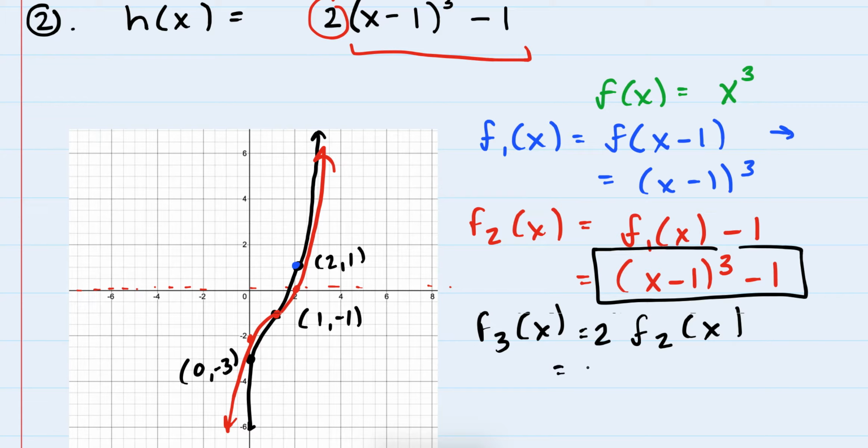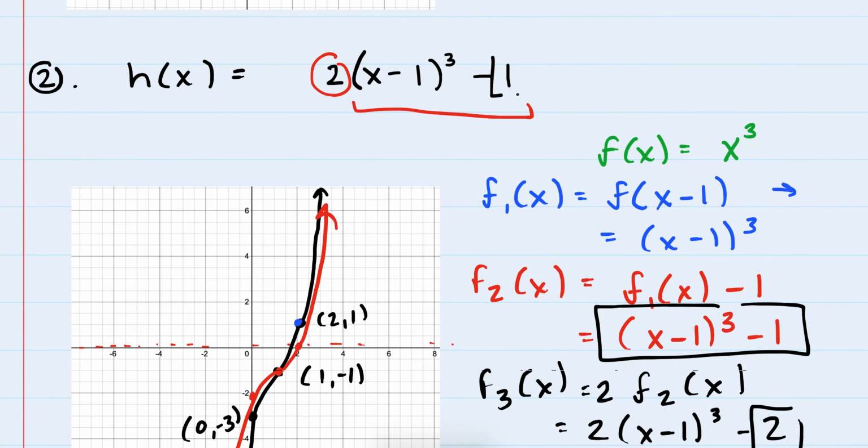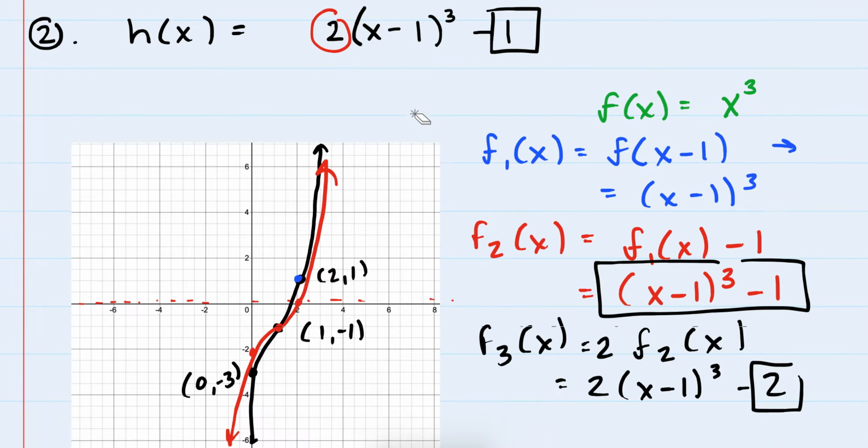So you're going to get 2 times (x minus 1) cubed minus 2, because you're taking this whole function and multiplying it by 2. And this is not equal to the original. So you can't actually do that. You can't do them in any order. You have to be careful about the order.